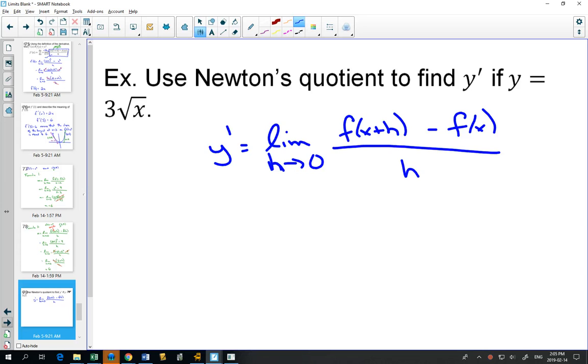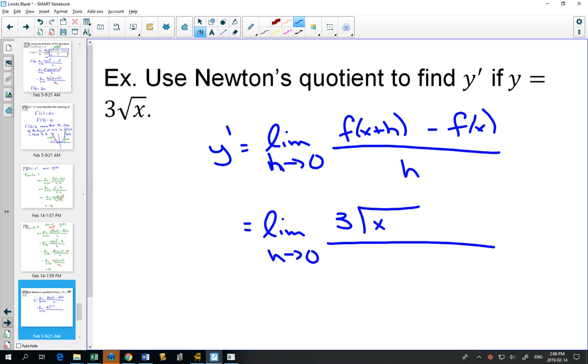That formula you're going to need to know memorized, or if you can think about how we figured out the formula, where it comes from, that can help you memorize it. And in our example here, we're doing the limit as h goes to 0. The original function is 3 root x, so plugging in x plus h would be 3 root x plus h minus 3 root x, all over h.